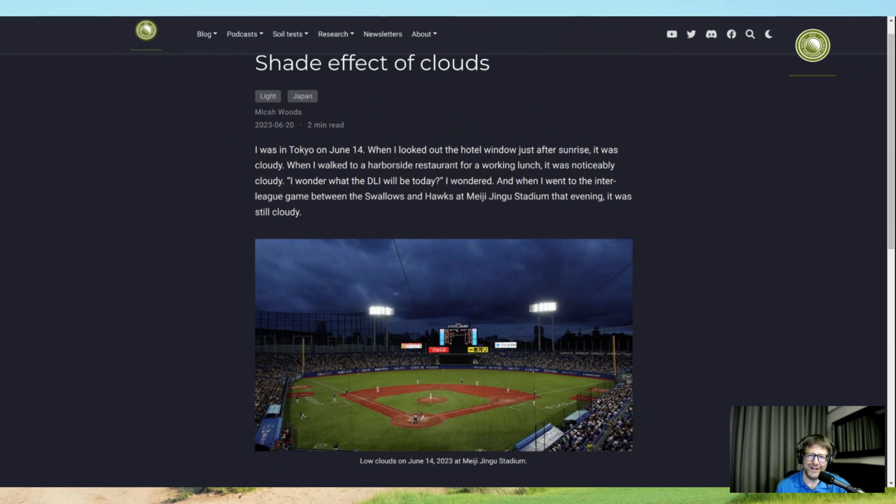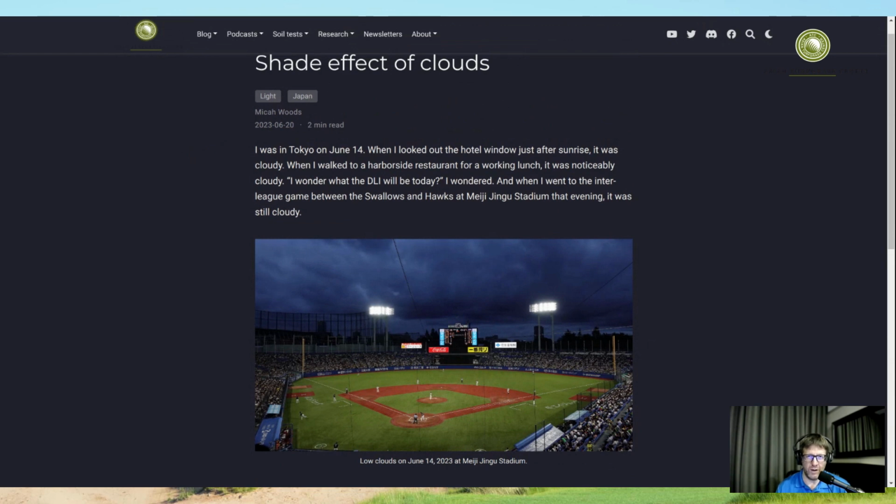And I thought, let me think, if it stays cloudy all day, I'm going to look up what the DLI was today, what the daily light integral, what the photosynthetically active radiation was at this location in Tokyo.